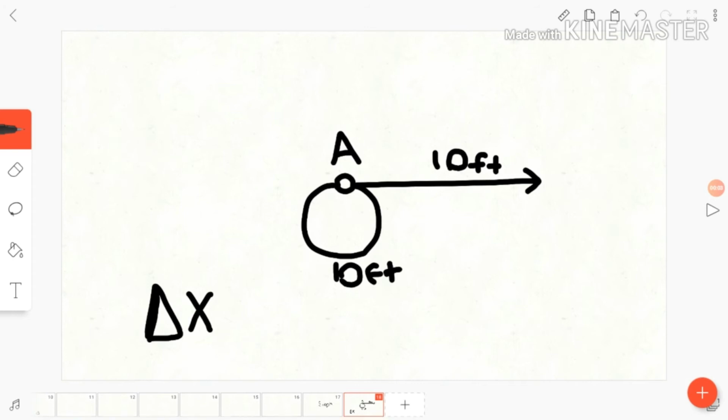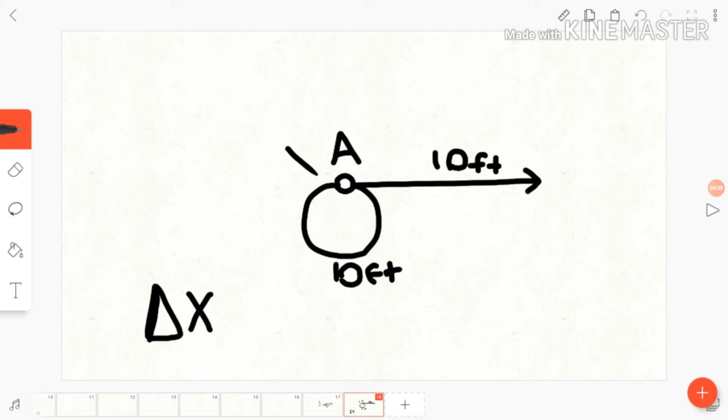Now we can do displacement, which is the simpler of the one-dimensional motion. Let's say we're at point A, which you can see drawn right there. Let's say we go to the right 10 feet from point A. The displacement is how much you moved away from point A, so our displacement is 10 feet. But let's say we went 10 feet in a circle and back.